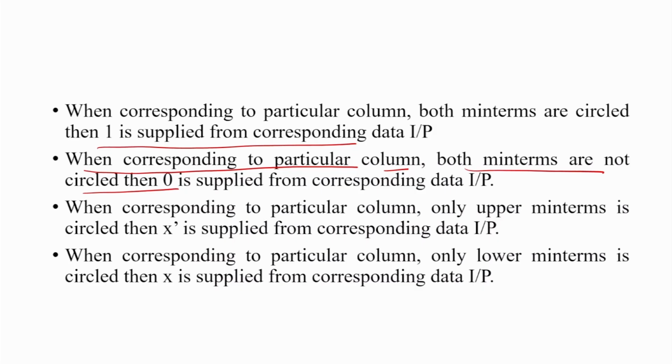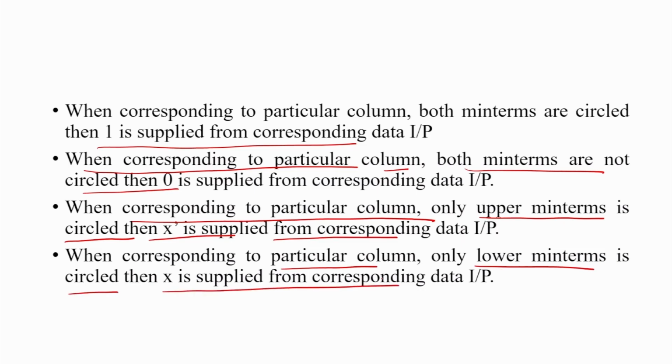When only the upper minterm is circled, then simply x complement is supplied from the corresponding data input, and when only the lower minterm is circled, then x is supplied from the corresponding data input.